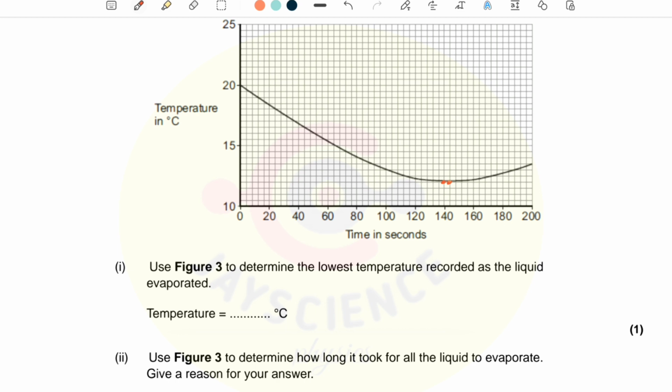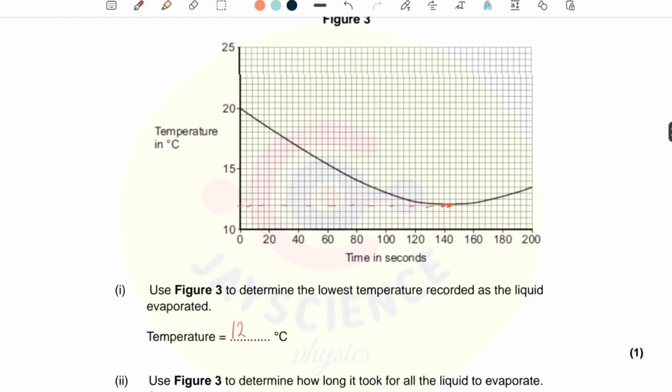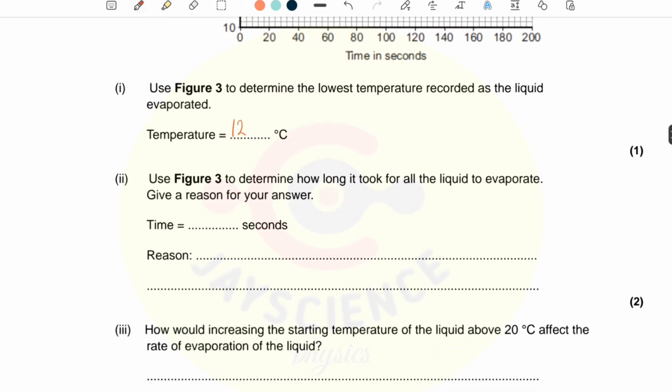When you trace this, it gives you somewhere around 12 degrees C, maybe between 12.0 and 12.2, since there might be little differences between students' answers.